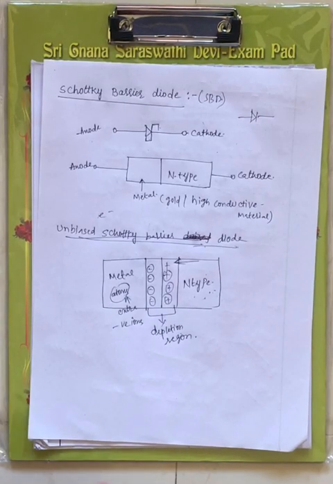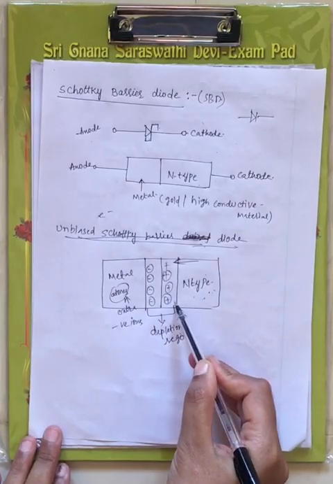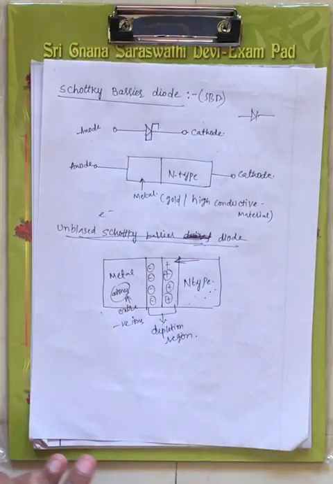Hence this results in positive ions on the n-type side and negative ions on the metal side of the junction, right?